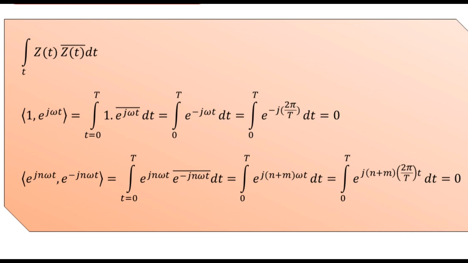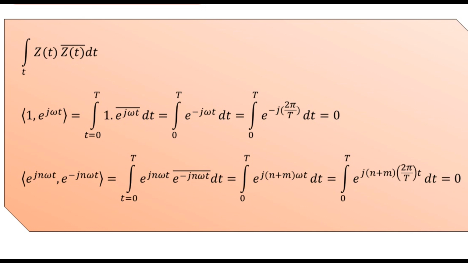So this is equal to the integral 0 to capital T e to the power j times (n plus m) multiplied by omega t dt. Next, we can get it to the form integral 0 to capital T e to the power j times (n plus m) multiplied by 2 pi by capital T, further multiplied by small t, dt. Now here it is also equal to 0.